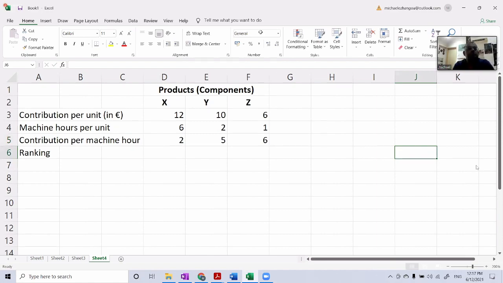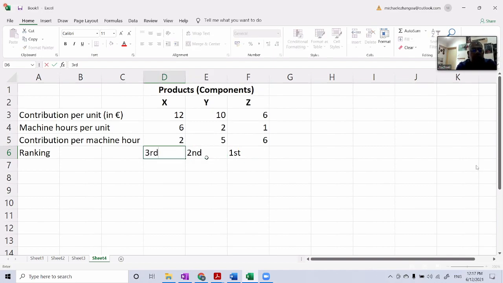So for ranking, you'll choose the one with the highest contribution per machine hour. That's first. That's second. And third, that has the lowest contribution.